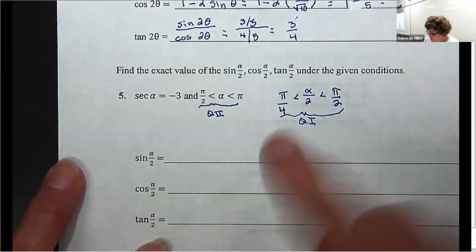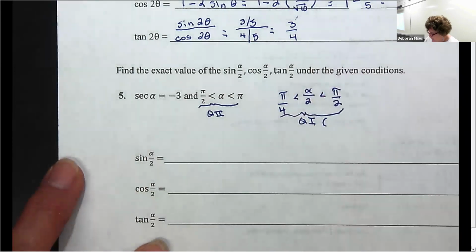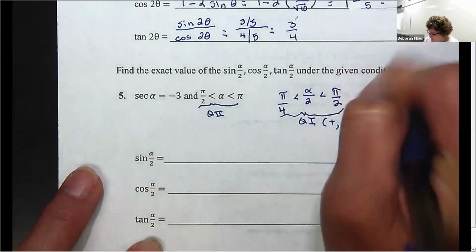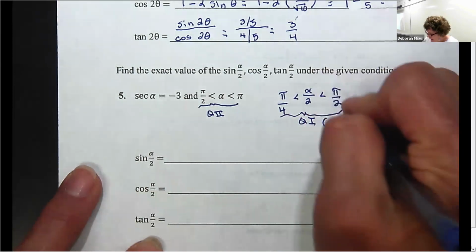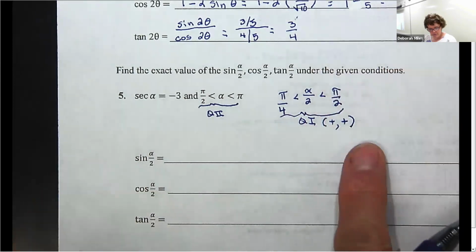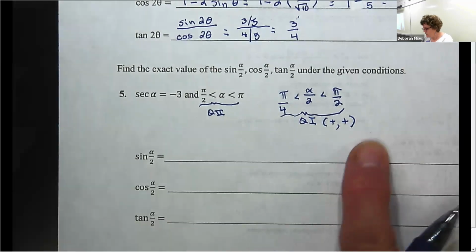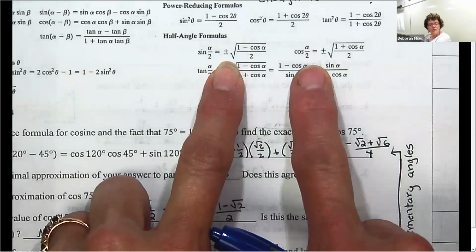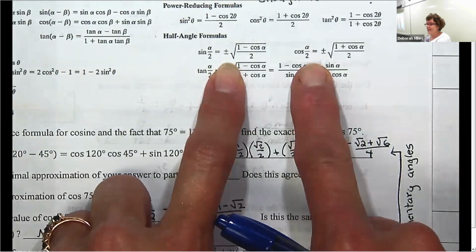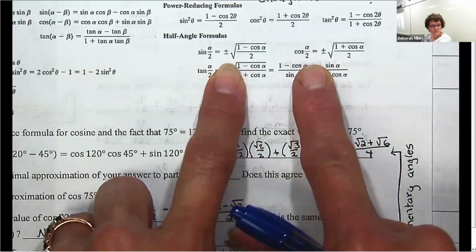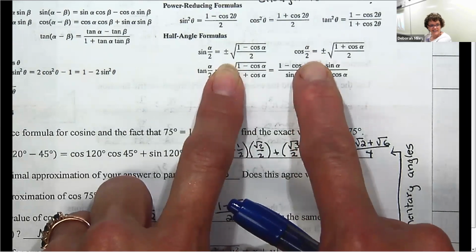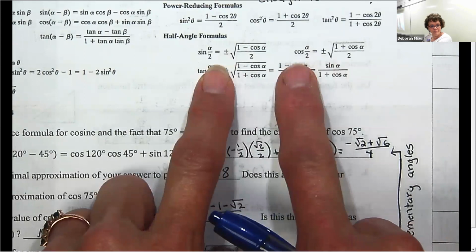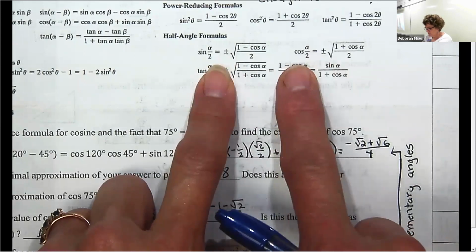And when we use the formula for sine and cosine of alpha over 2, we're going to remember that in quadrant 1, both the x and the y are positive. So when we use these two formulas, we're going to use the positive square root rather than the negative square root. That's how you determine whether to use the plus or the minus. See where alpha over 2 is.